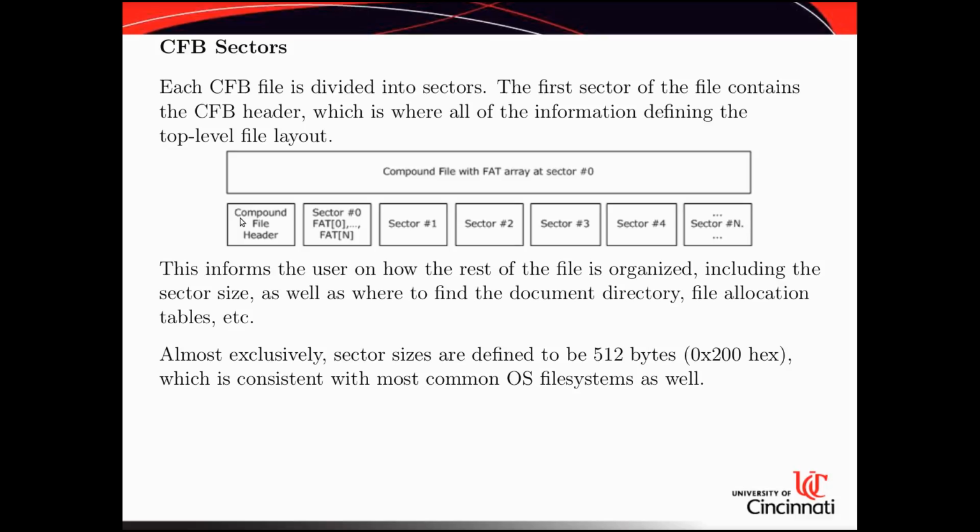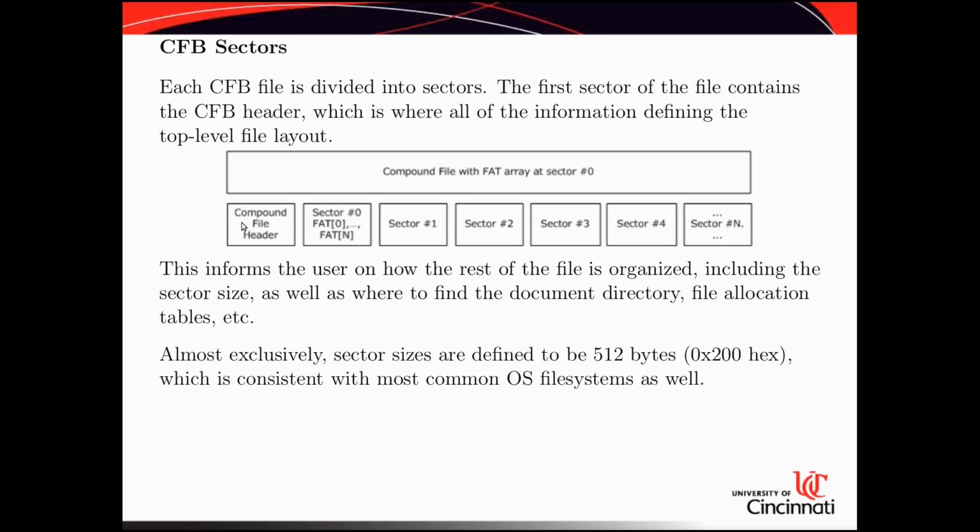What it ends up setting up is that every single piece can be as minimum size as a single sector, which I have listed right here. That sector size ends up being identical to the original Microsoft file allocation table sector size that's used on a lot of the disk formats as well.